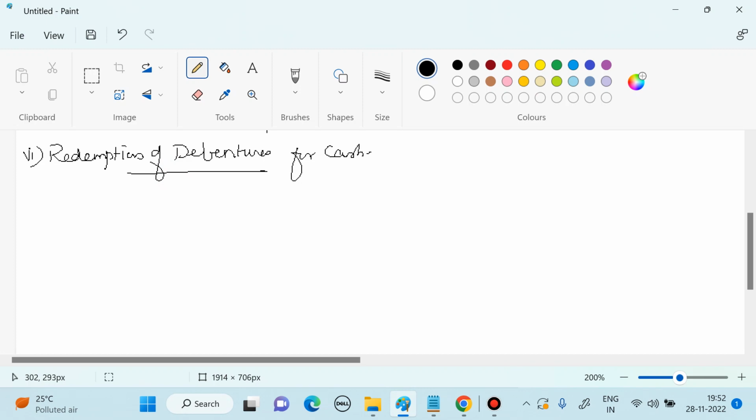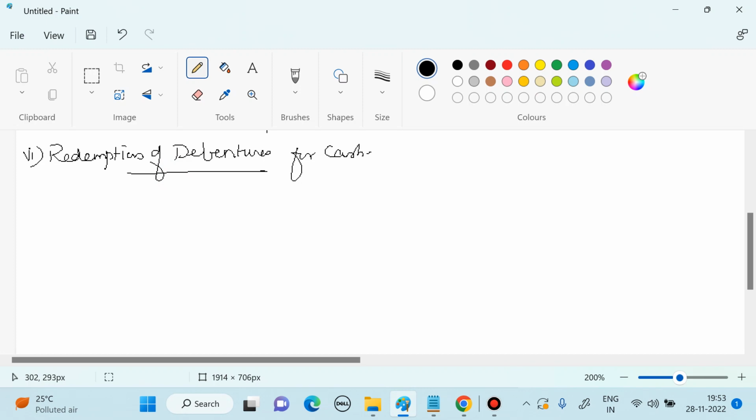Where do we classify debentures in a balance sheet of a company? Under what head? Anybody knows?